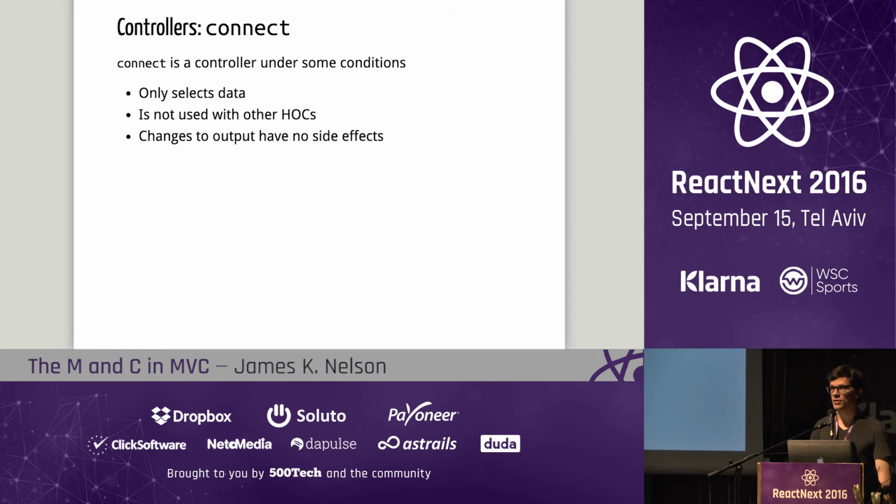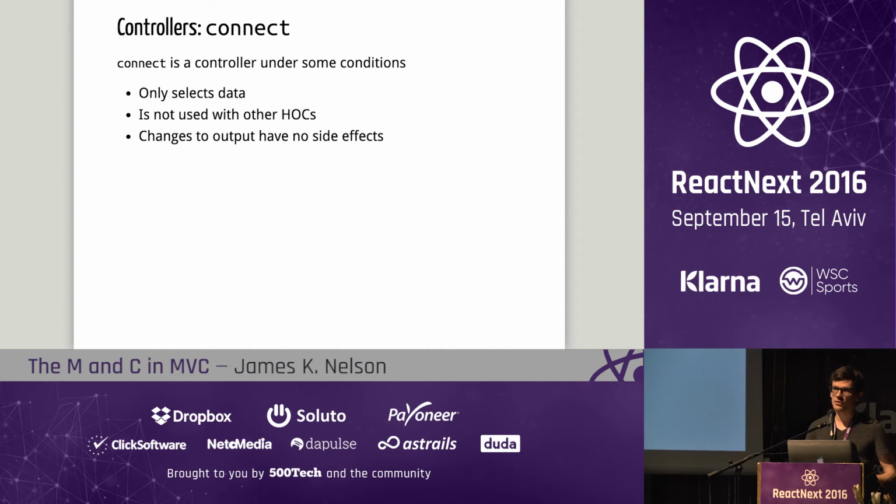So let's have a look at a couple controllers. The first one is Connect. And this might be a little confusing because I was saying that Connect leads to performance issues, and then I tell you the controllers fix the performance issues, and now I'm saying that Connect is a controller. Why is that? Connect is a really simple controller when you make sure that there are no side effects.